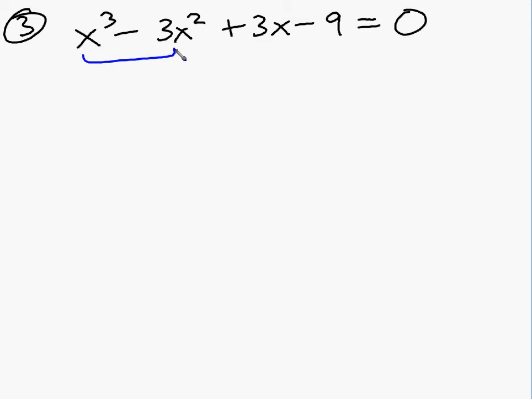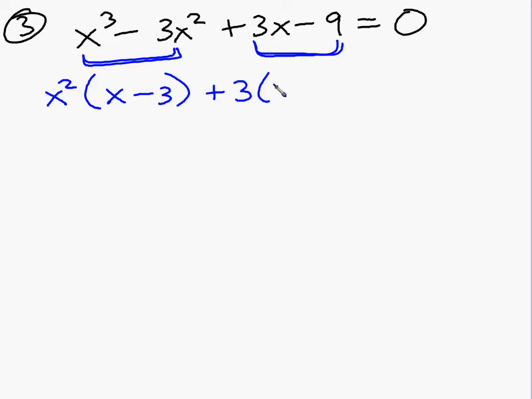I'm going to look at these two and these two. What is common to these first two? Looks like an x squared. So if I pull out an x squared, I'm going to have an x minus 3. And then in the second two, I have a 3, so it's going to be plus 3 times x minus 3 equals 0.